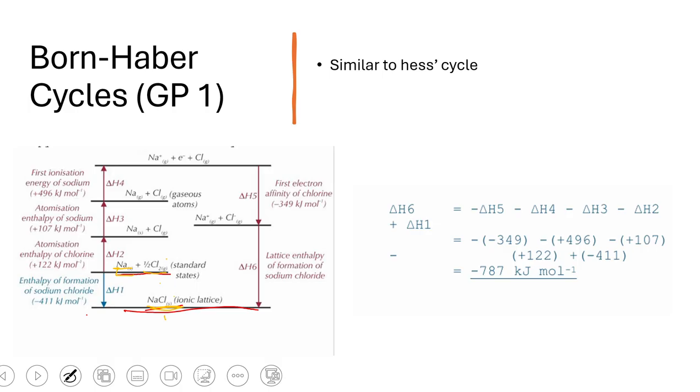And from here to here, as we saw from the start of the lesson, is the enthalpy of formation. So for enthalpy of formation, you are forming the solid ionic lattice from its constituent elements in their standard state. So the arrow points down.